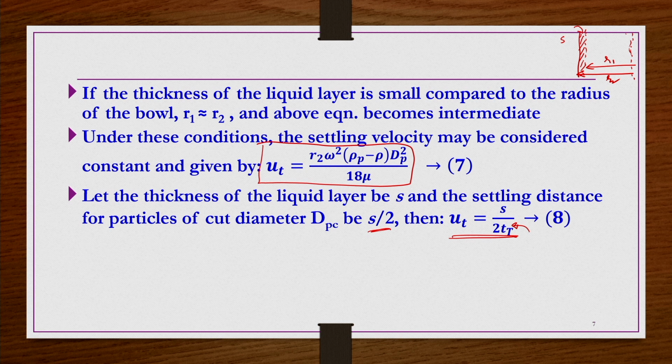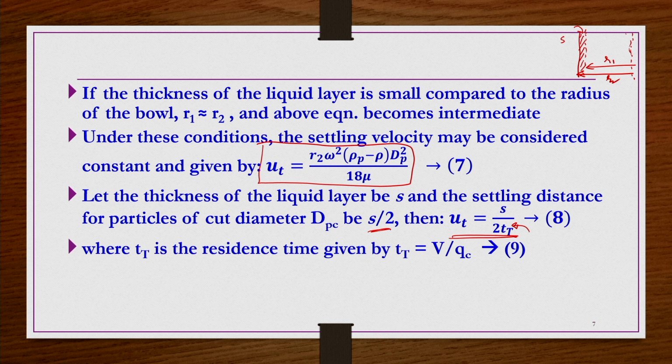Now from here you know the velocity, and the volume is also known, so you can calculate the volumetric flow rate. Residence time is nothing but the volume of the liquid divided by the volumetric flow rate, or the volumetric flow rate is the volume of the liquid divided by Tt.